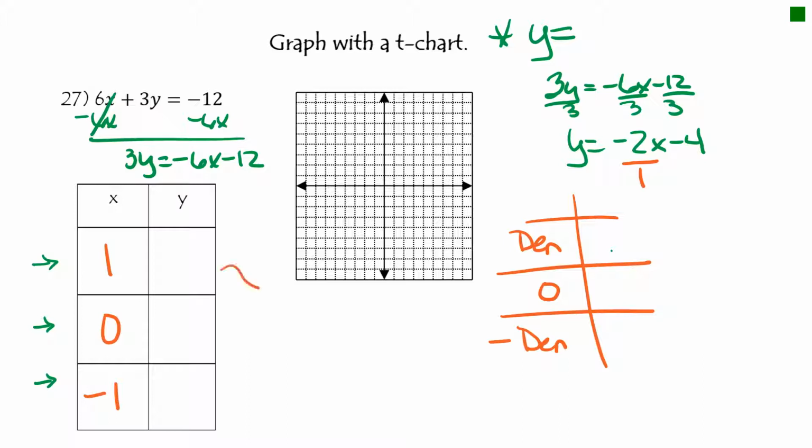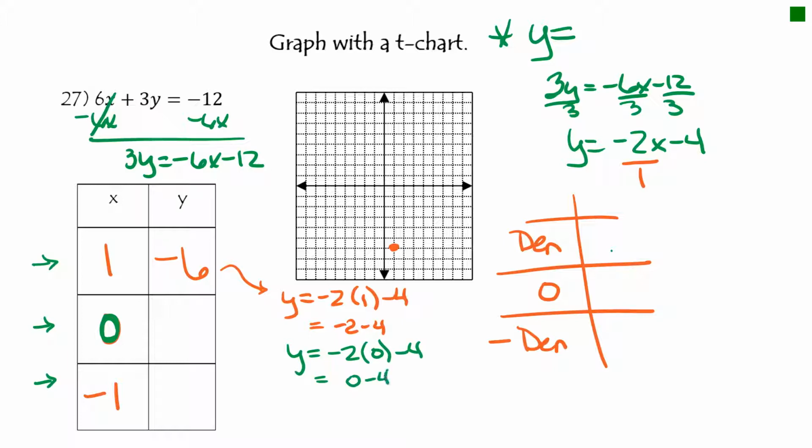So for this first one, I'm going to say y is going to equal negative 2 times 1 minus 4. Negative 2 minus 4 is negative 6. That's 1 to the right and down 1, 2, 3, 4, 5, 6. Next point, I'm going to use 0, changing colors. So I'm going to have y equals negative 2 times 0 minus 4.